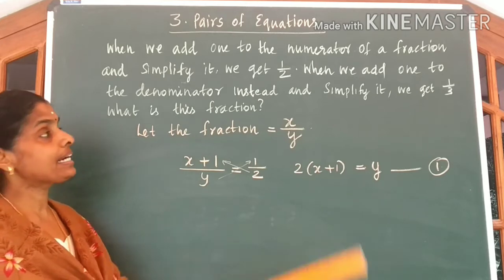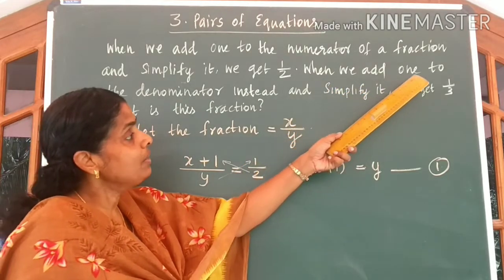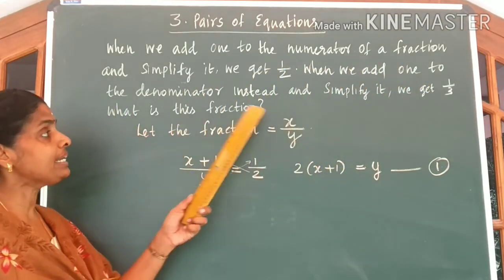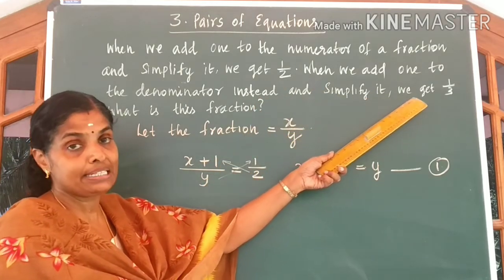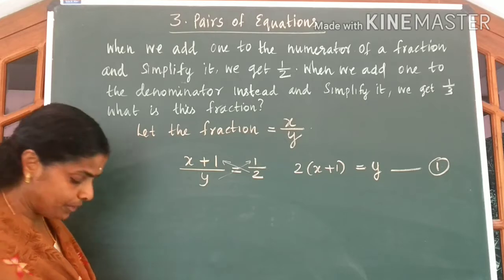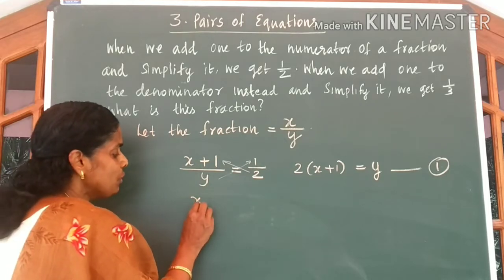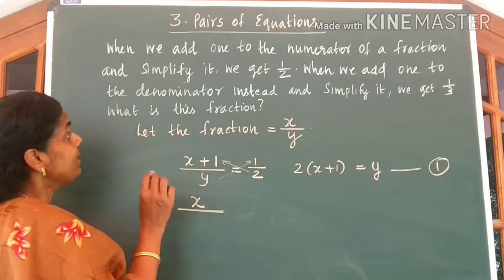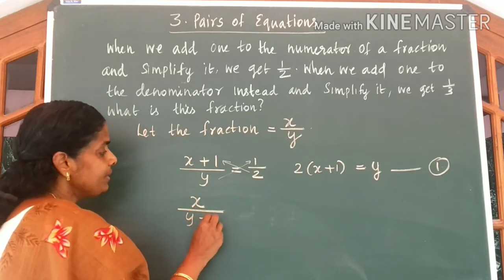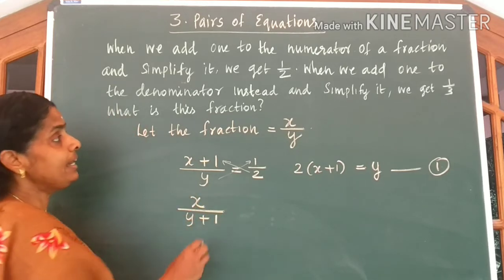Now the next condition. When we add 1 to the denominator instead and simplify, we get 1 by 3. So what we have to do now? Keep the numerator as such. We have to add 1 to the denominator.